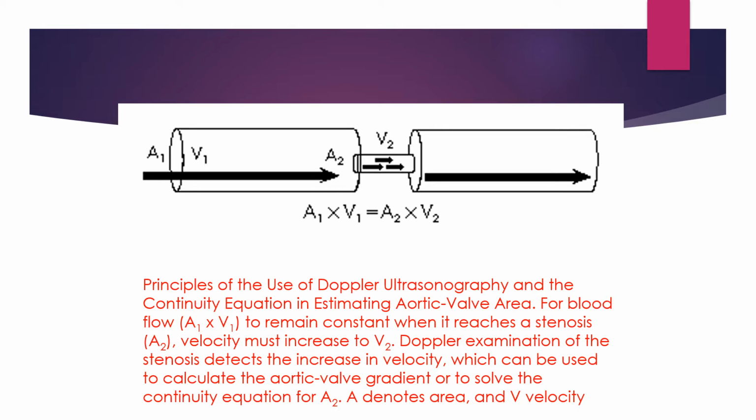The Doppler examination of the stenosis detects the increase in velocity, which can be used to calculate the aortic valve gradient or to solve the continuity equation for A2, denoting the area and velocity.